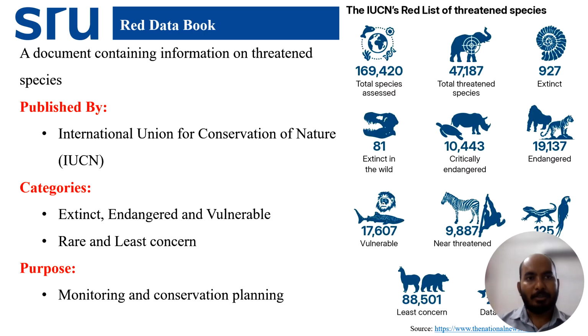Next is the Red Data Book. The Red Data Book contains information about threatened species. It is associated with the International Union for Conservation of Nature, IUCN.